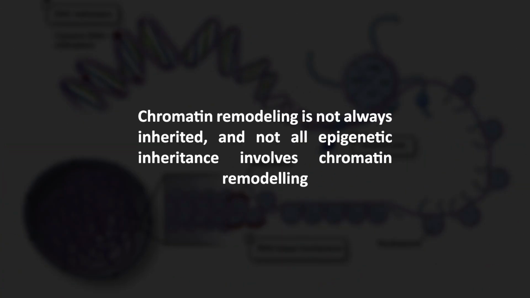Chromatin remodeling is not always inherited, and not all epigenetic inheritance involves chromatin remodeling. Because the phenotype of a cell or individual is affected by which of its genes are transcribed, heritable transcription states can give rise to epigenetic effects.